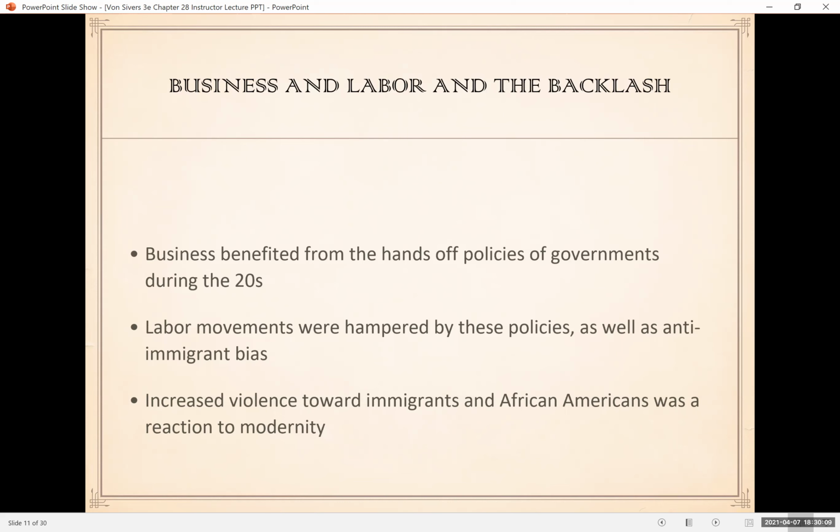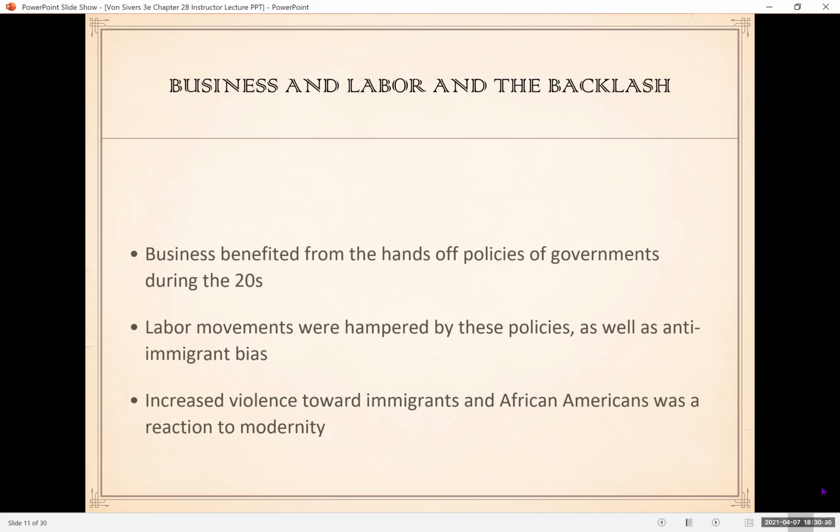We'll have Republican presidents, we'll have conservative leaders in Europe, and they will practice laissez-faire because there is an important movement that is happening in the Soviet Union, and governments don't want to be seen as being involved with labor and business.